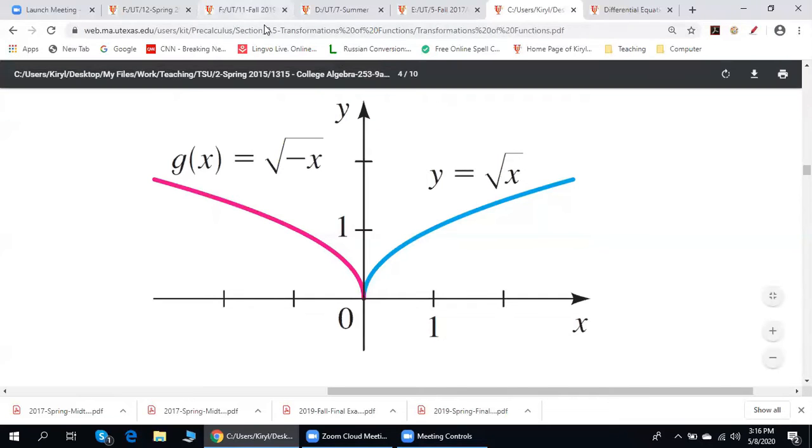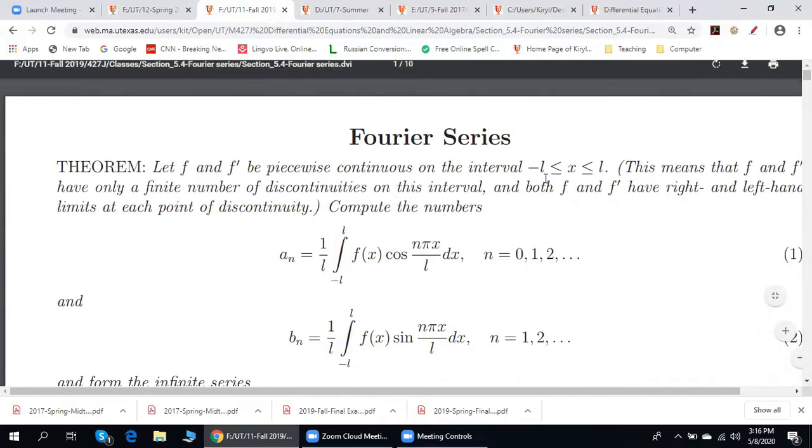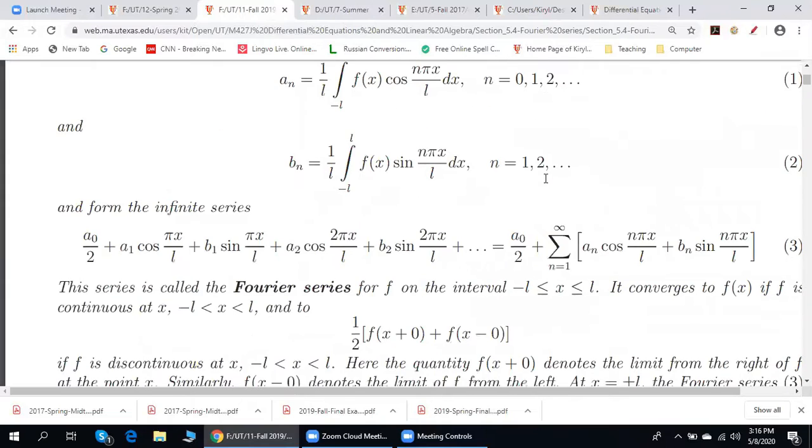Note that we can perfectly apply this theorem to our new function. And we will come up with some infinite series for this new function. According to this theorem, our series will converge to the new function, say, g of x at any point x, which is not one of the endpoints and not a point of discontinuity.